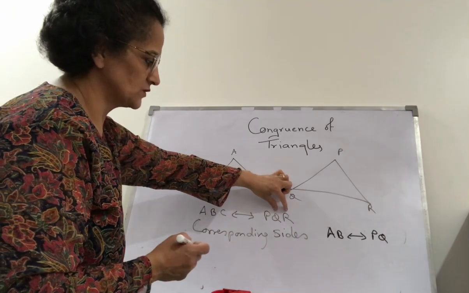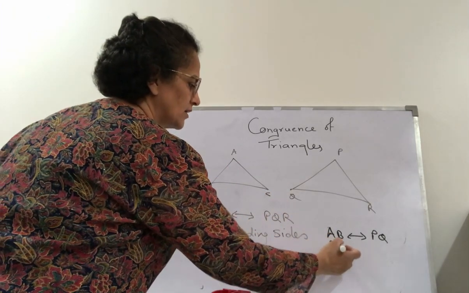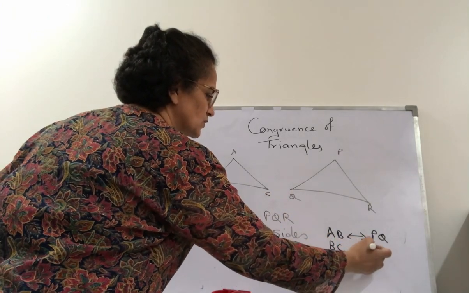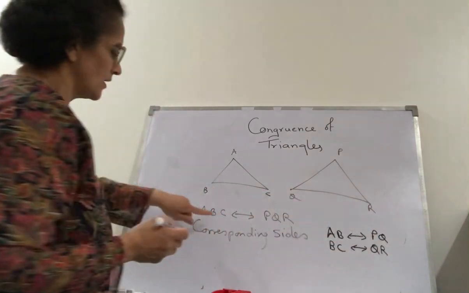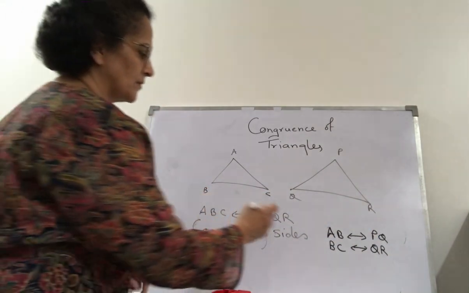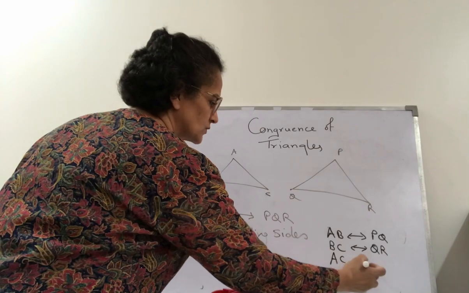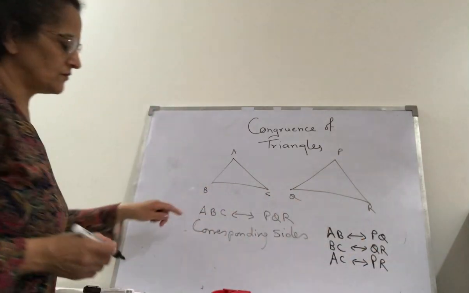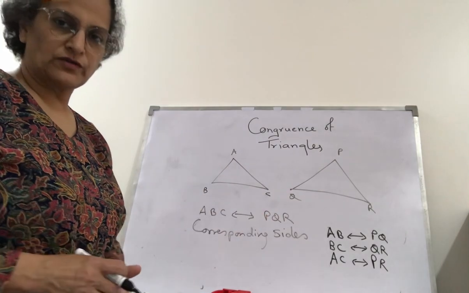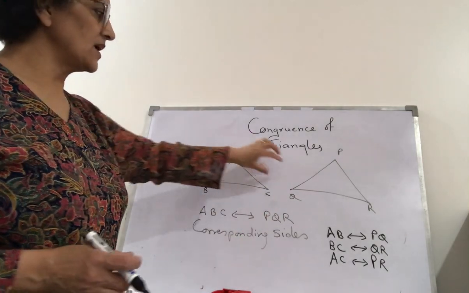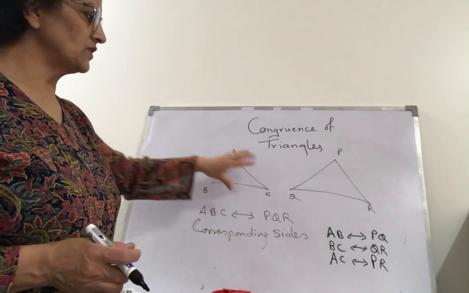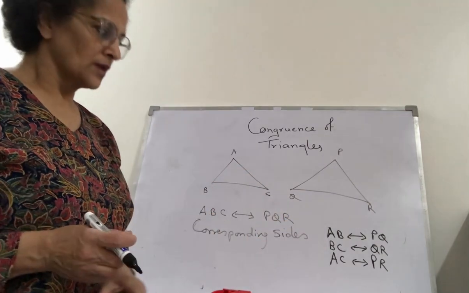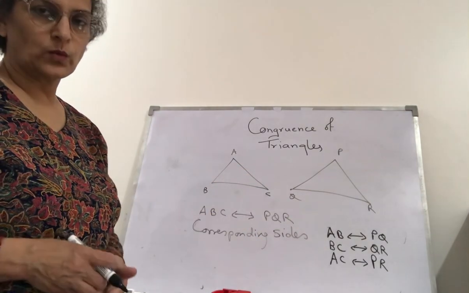BC corresponds to QR. And AC corresponds to PR. If this correspondence is not given to you and measurements are given to you, then measurements will tell you what part corresponds to what part.